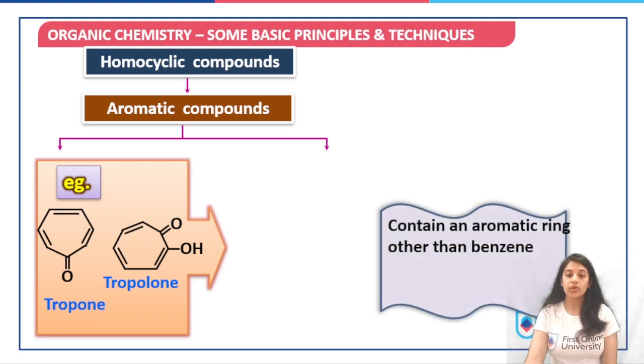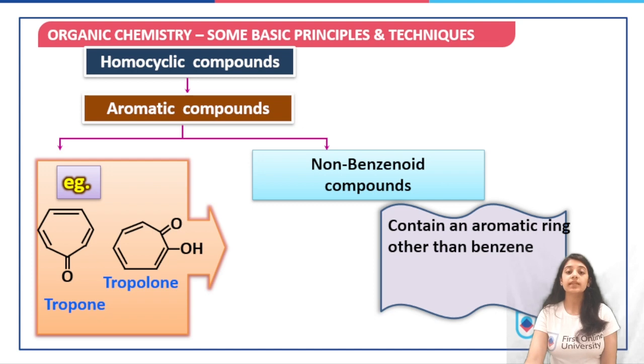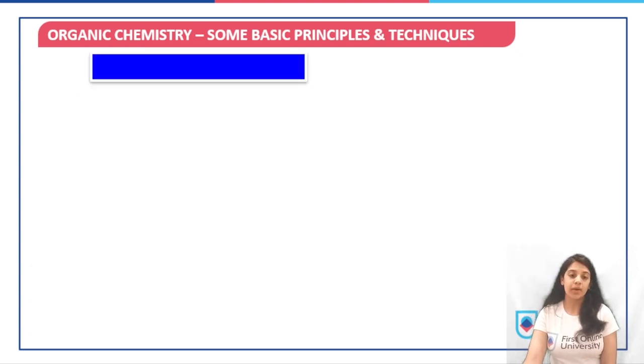So they are containing an aromatic ring, but that is not benzene. Aromatic ring because it is satisfying the 4n plus 2 Huckel's rule. It is planar. It is having conjugated double bonds. These are non-benzenoid compounds. So those aromatic compounds which contain benzene ring are benzenoid compounds, and those aromatic compounds which contain an aromatic ring other than the benzene ring are non-benzenoid compounds.